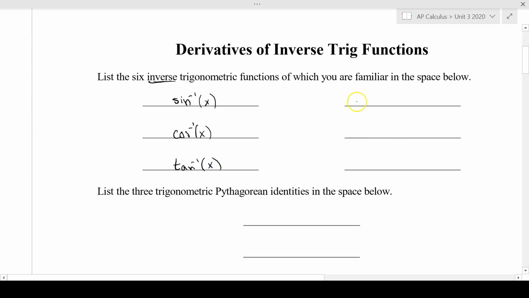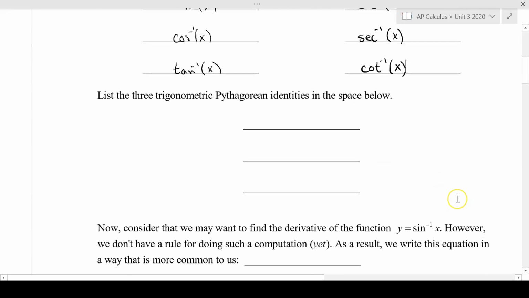What else do we have? Well, 1 over sine, that'd be cosecant inverse of x, right? Secant inverse of x, and then cotangent inverse of x. All right? Okay, so that's just prior knowledge that you'll need.